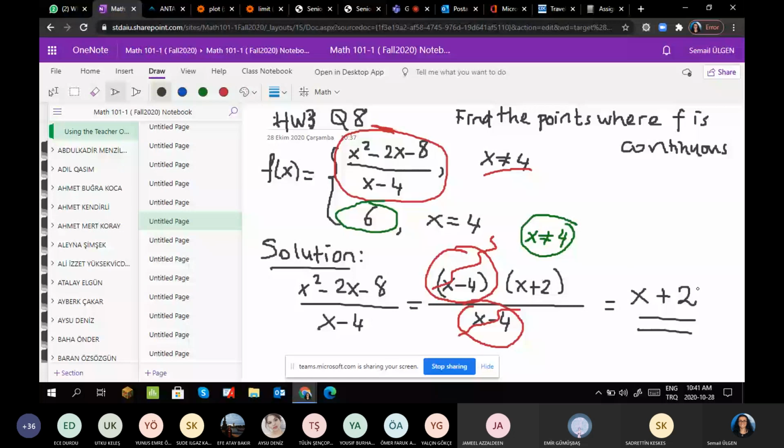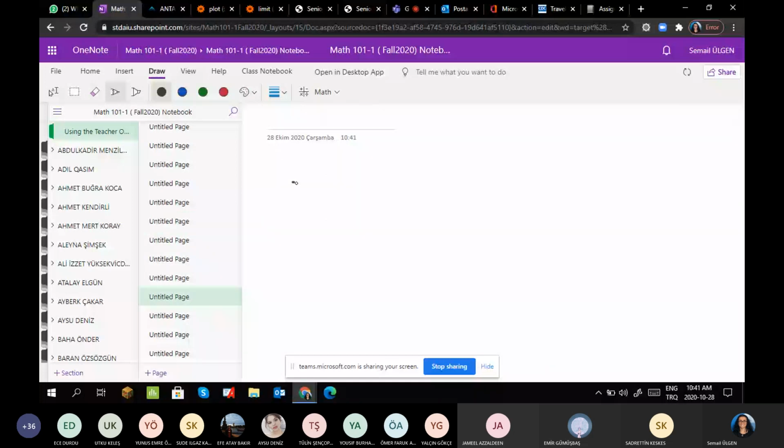So the way we are going to do this, we are going to take the limit as x approaches 4 of x squared minus 2x minus 8 over x minus 4. Is this equal to 6? That's the question. If this is 6, then the function is continuous at 4. Let's check it again. This is our claim. Is this really 6?